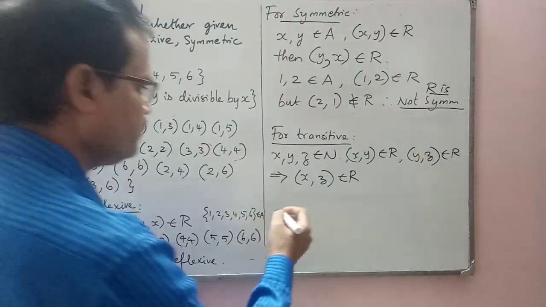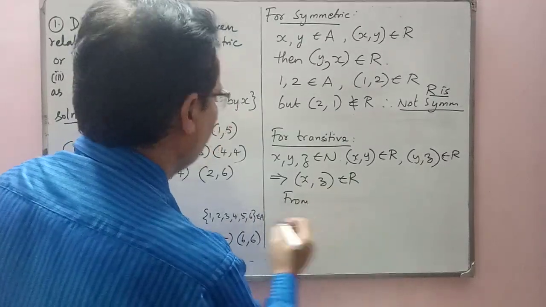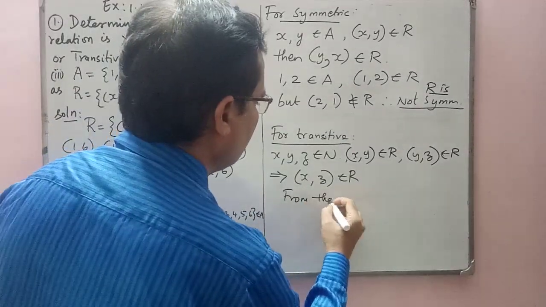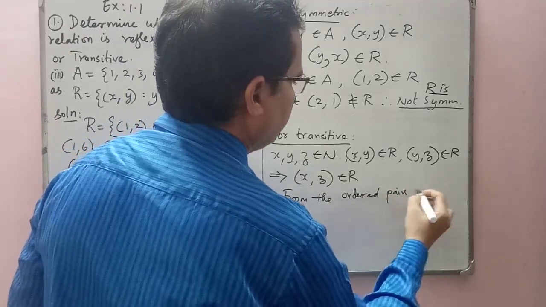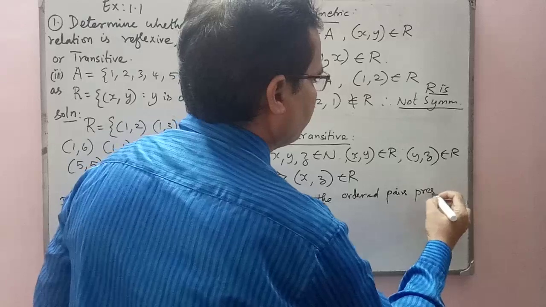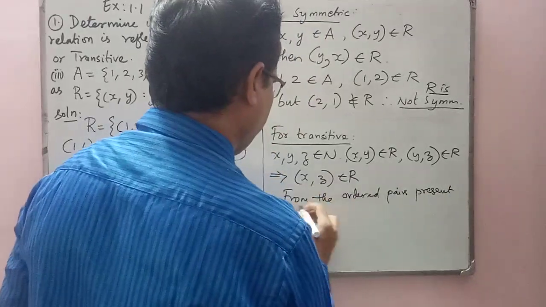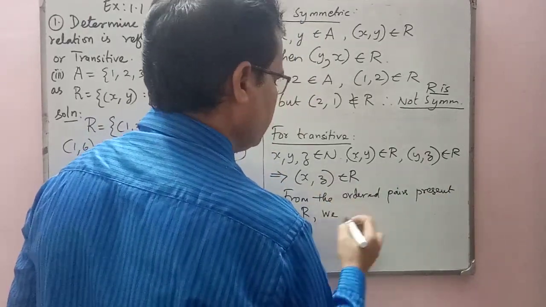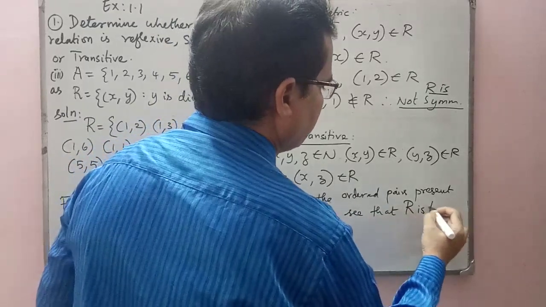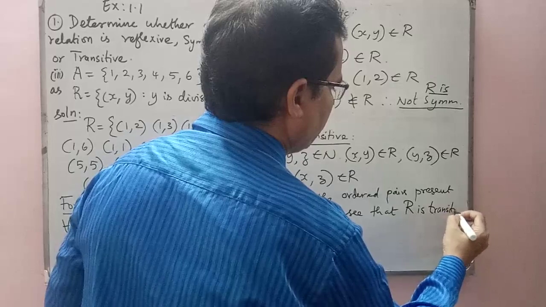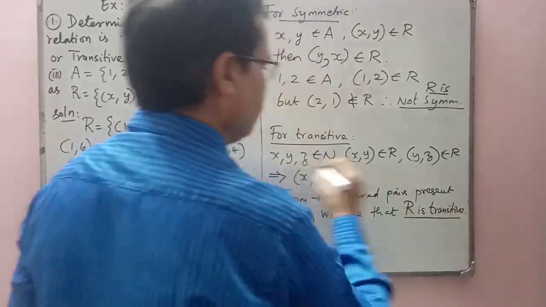Therefore, from the ordered pairs present in R, we see that R is transitive.